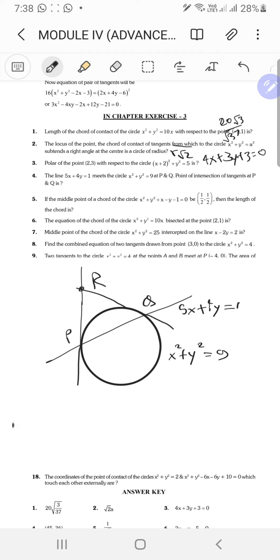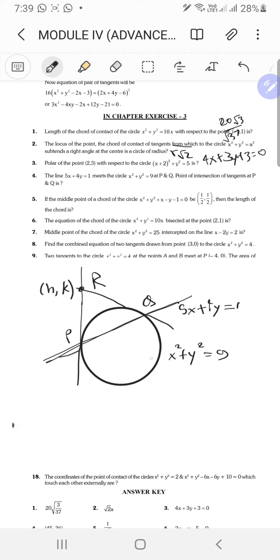So that point of intersection is, oh, so this line is actually the chord of contact of R with respect to the circle. In other words, it's polar. So let's just say that this has coordinates h comma k.